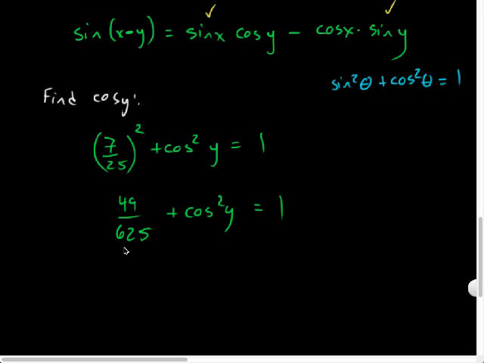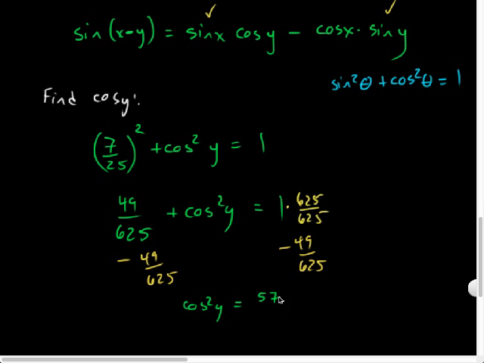To solve, I'd subtract this guy from both sides, right? So I'll get cos squared y equals, 1 is the same as 625/625ths. I think you'd agree. Right. So 625 minus 49 is 576.